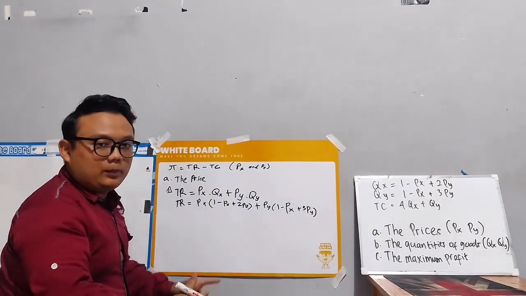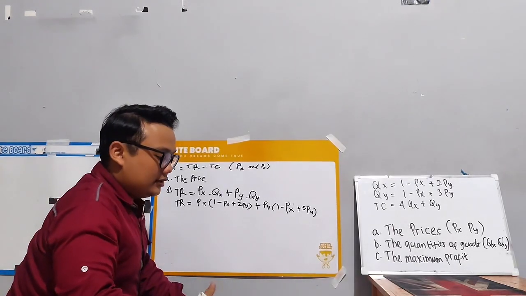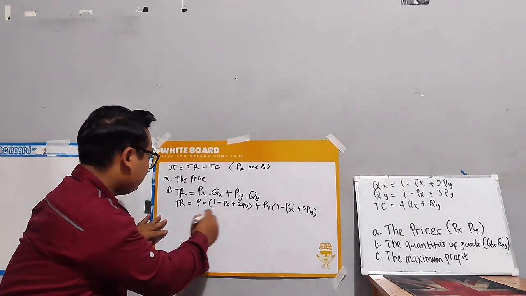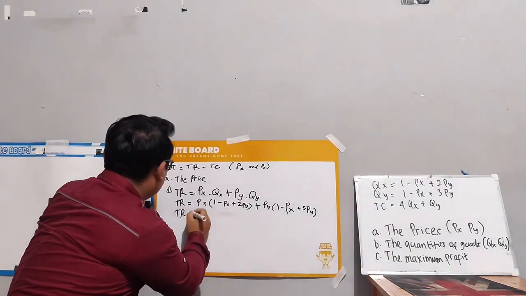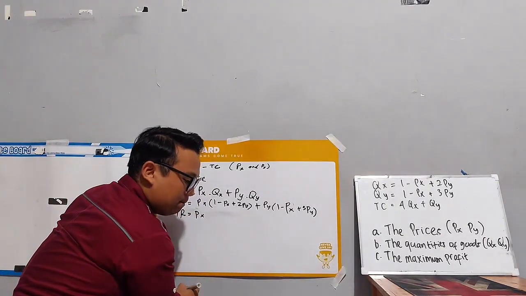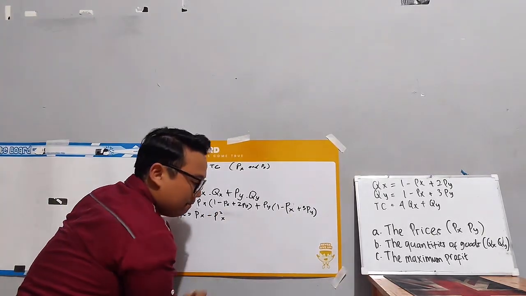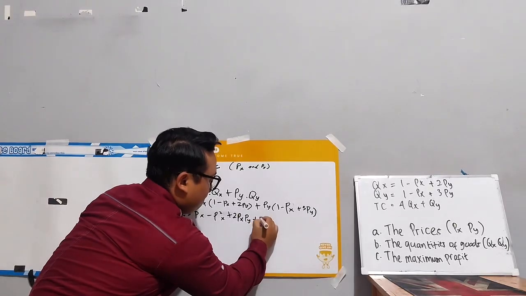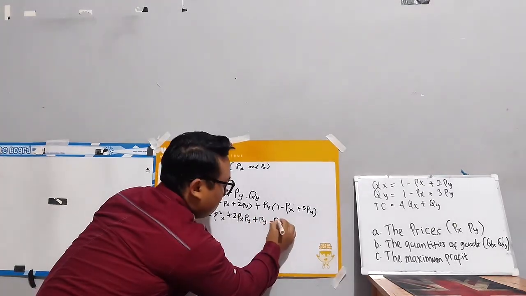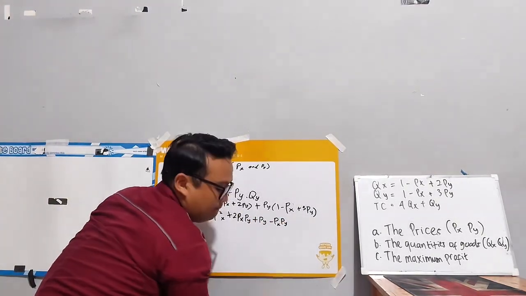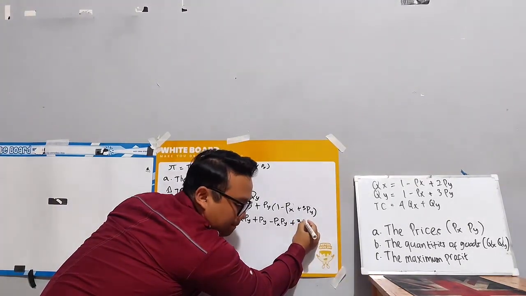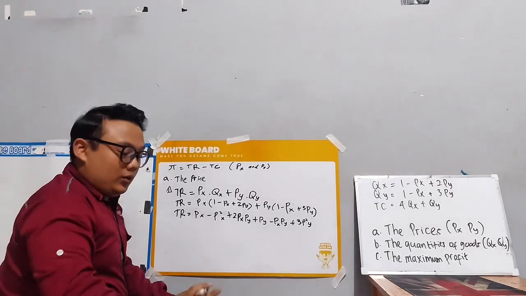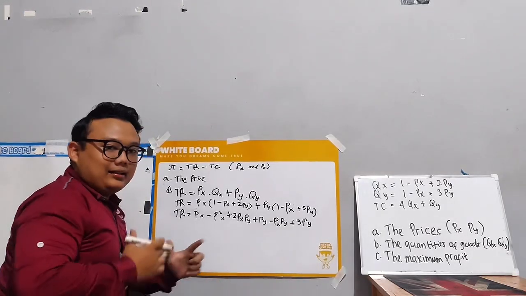Next, we multiply each term within the parentheses. Next, we combine like terms.